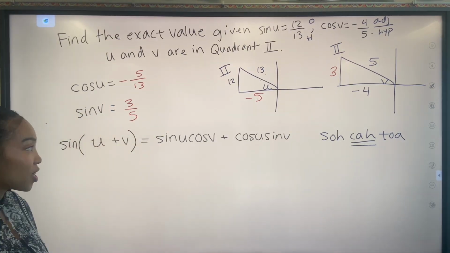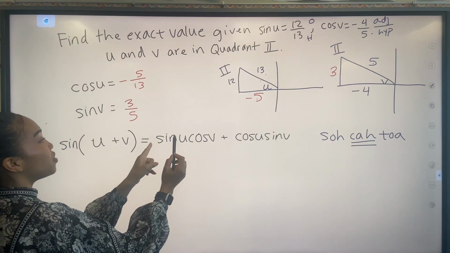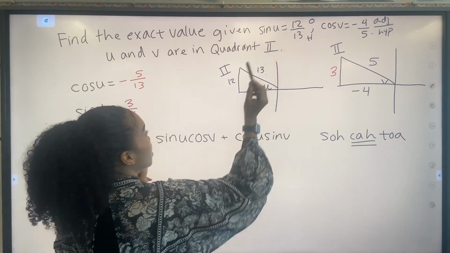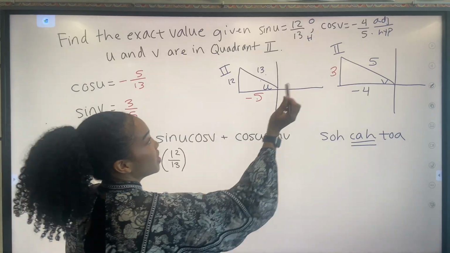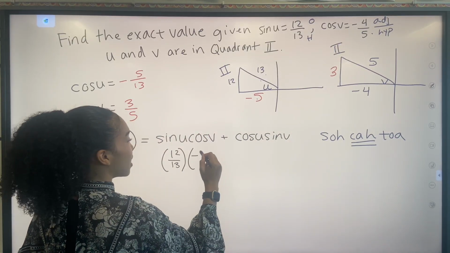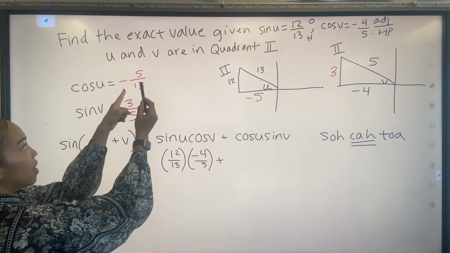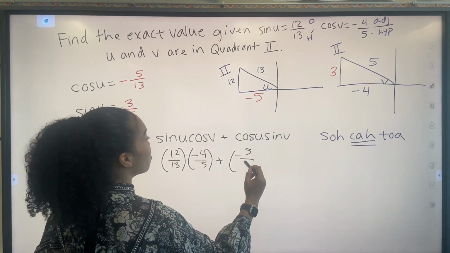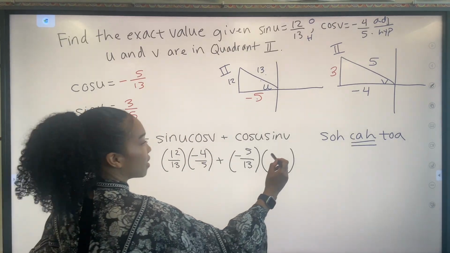Yes, perfect. Okay, so we can find that. Sine of u, they gave that to us. That's 12 over 13. Cosine of v, they gave that to us. That's negative 4/5. Cosine u, we just found that. That's negative 5 over 13. And sine v, we just found that. That's 3/5.